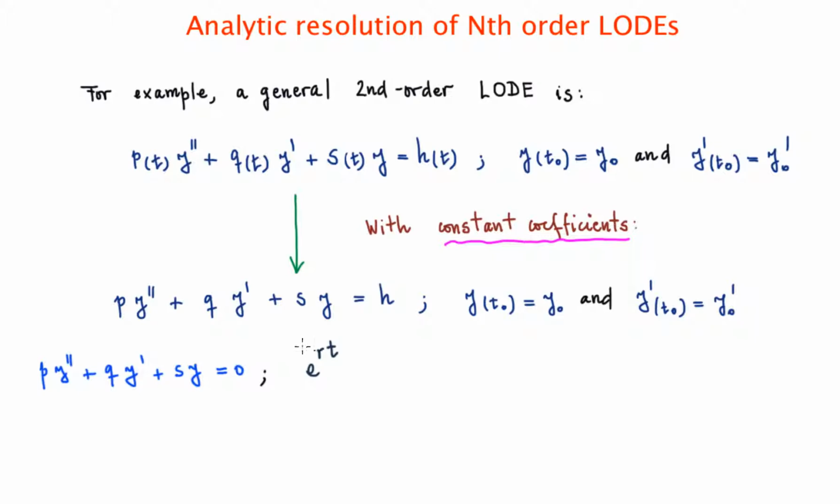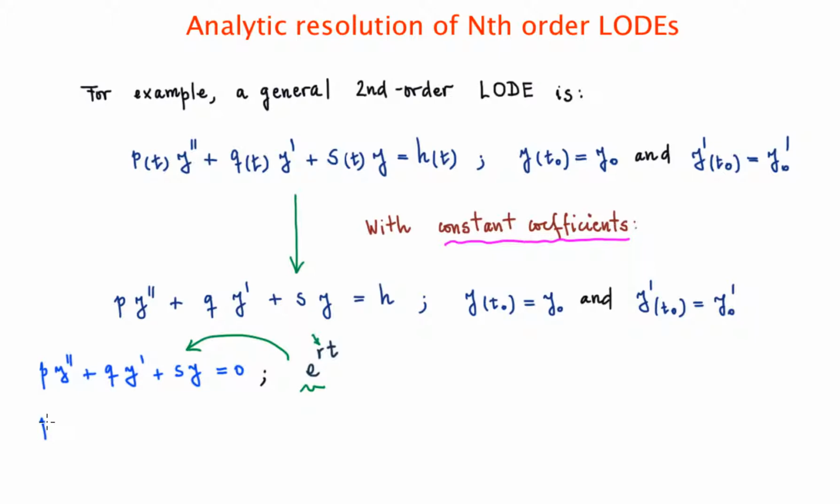We are going to plug these solutions into the homogeneous equation in order to determine this r constant that determines the solution for that type of equation. So that's what we are going to do.